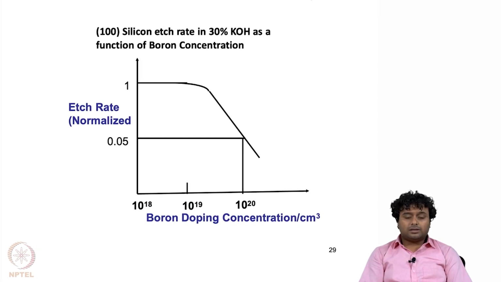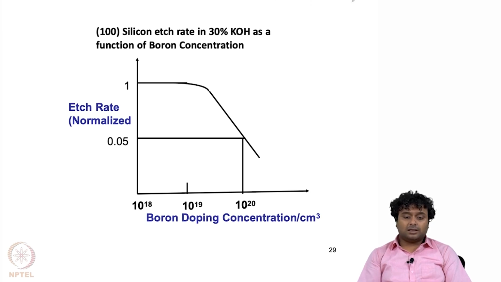Now, the next way to control the etching is boron doping. In case of boron doping, what happens is, initially let us say if it is 10 to the power 18 atoms per centimeter cube, then in that case we have the usual etching rate of KOH, like without doping or with doping it does not matter much. But as we increase the doping concentration to like 10 to the power 19 to 10 to the power 20, then the etching rate drops down drastically.